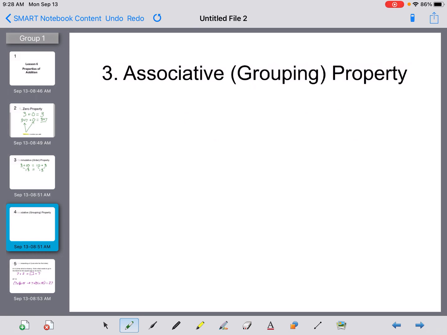Then the last property that we're going to look at today is the associative or the grouping property. I want to make it clear that this is a different property than the commutative property, though it's going to seem very similar. So just follow along with me. When you are adding longer strings of numbers together, you can group certain numbers together. So let's do 8 plus 5 plus 15.